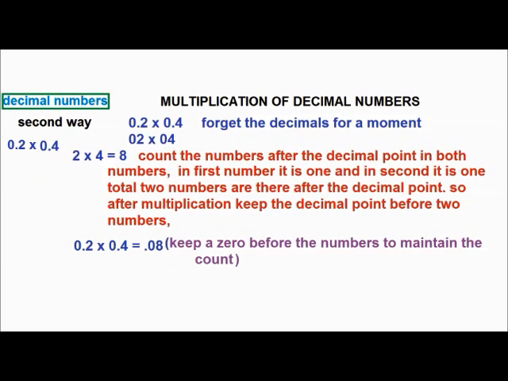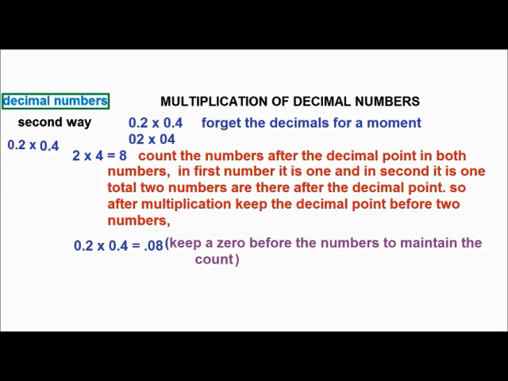Now the second method, 0.2 into 0.4. In this, forget the decimals for a moment. Write 2 into 4, that becomes 8. Now count the numbers after the decimal point in both numbers. In the first number it is 1 and in the second it is 1. Total 2 numbers are there after the decimal point.